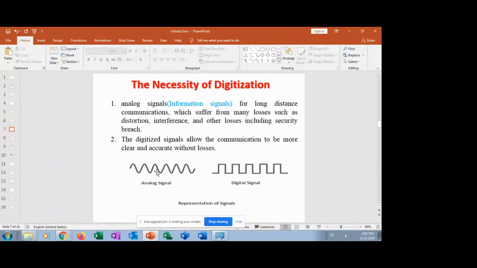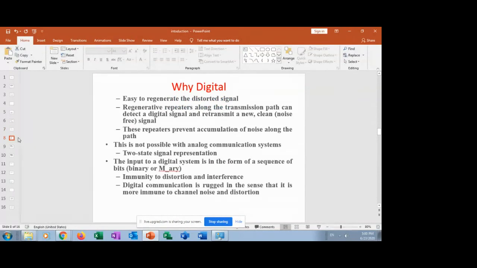So from that parameter we can say digital communication is better than analog communication. I already discussed this pattern, why digital, while discussing the syllabus.